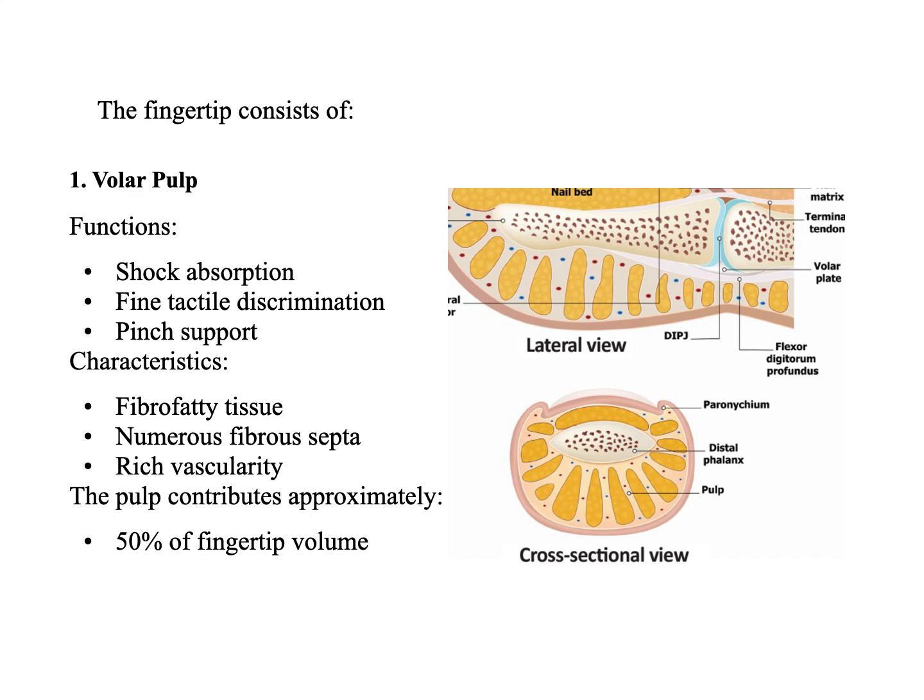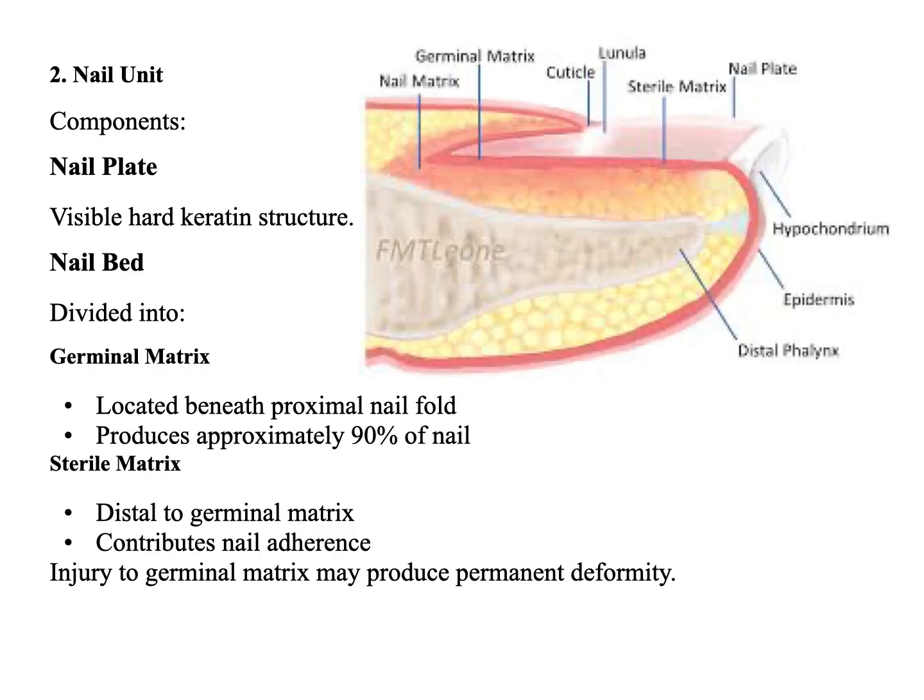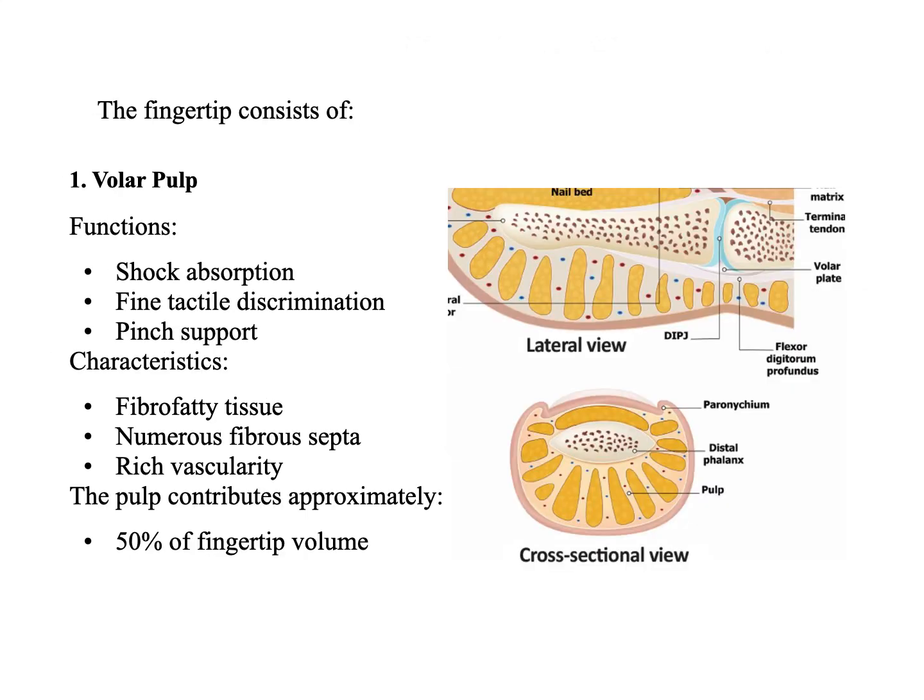The volar pulp acts as fine absorption and fine tactile discrimination. Characteristics: it's fibrofatty tissue with numerous interconnecting septa, has very rich vascularity to support its structure and give blood supply.